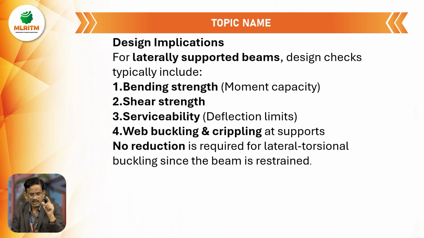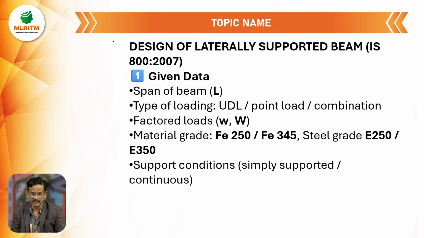The second is shear strength, and serviceability means deflection limits, and web buckling as well as web crippling. Web buckling means buckling inside the web. Outside the web, if buckling occurs, it is called web crippling. No reduction is required for lateral torsional buckling since the beam is restrained.